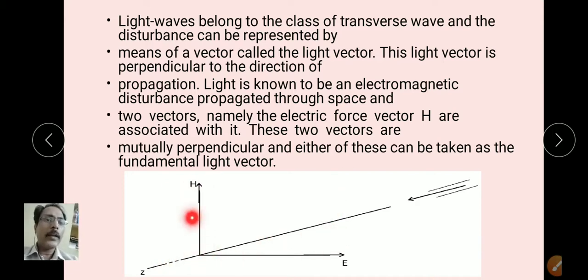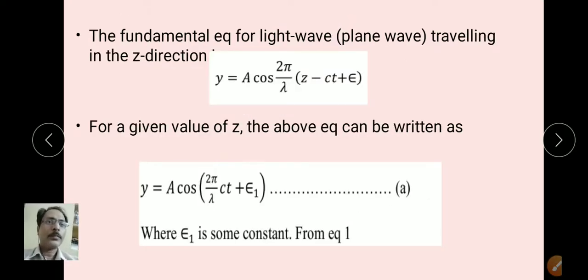These two vectors form waves that propagate in some direction. So this is the fundamental equation.